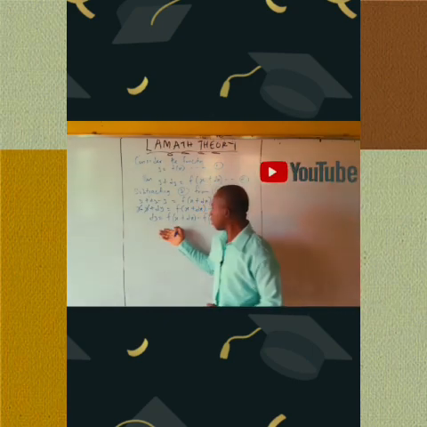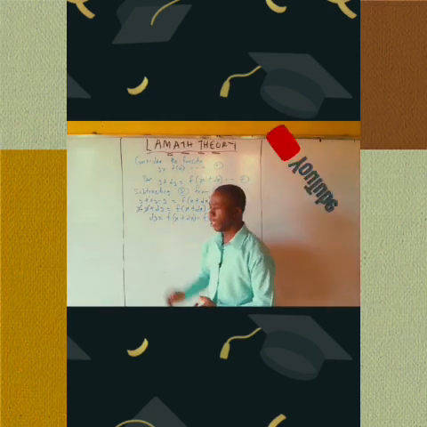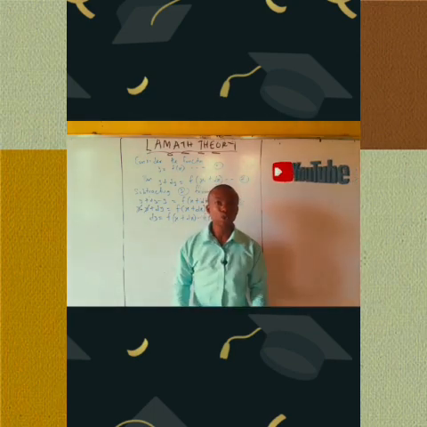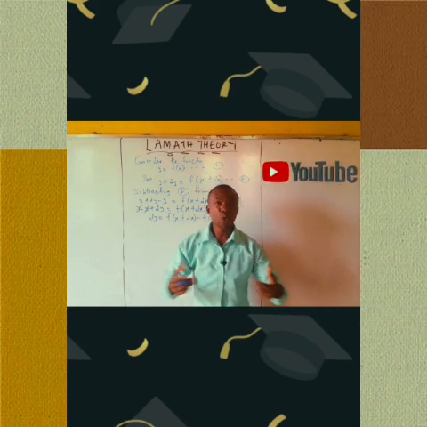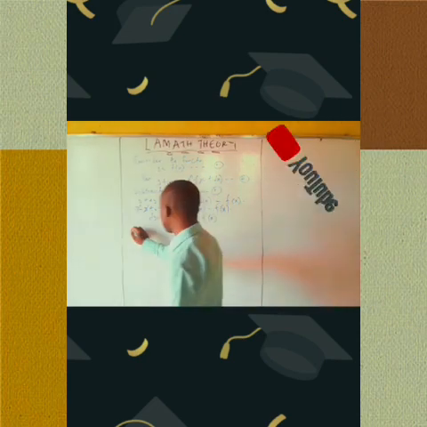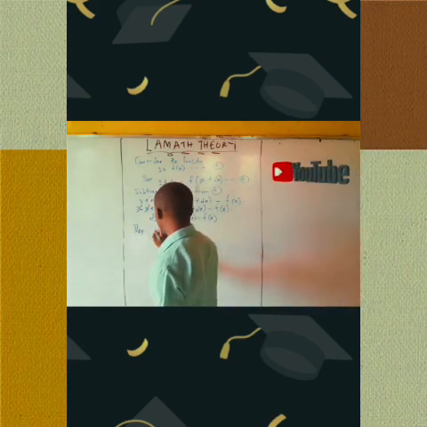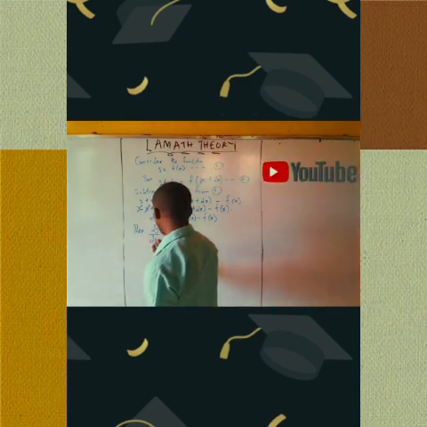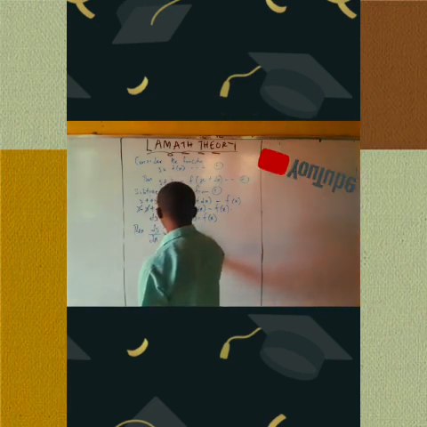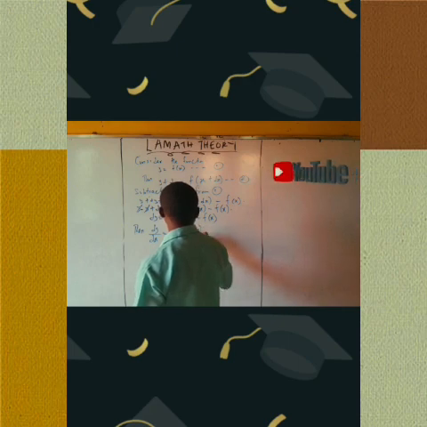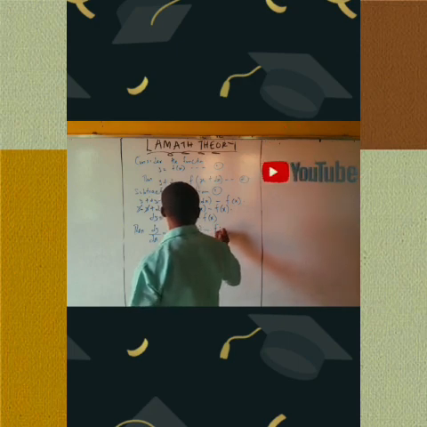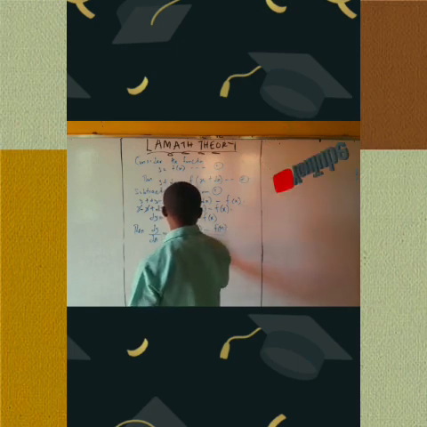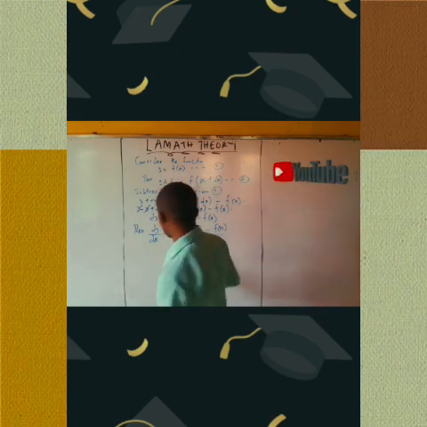When we stop here, we introduce dx to both sides. Then we have dy over dx equals f of x plus dx minus f of x, divided by dx.